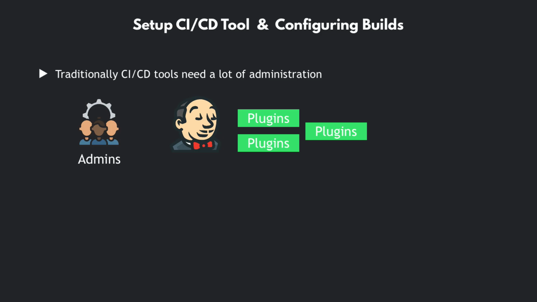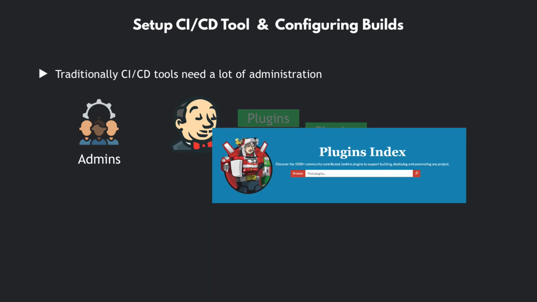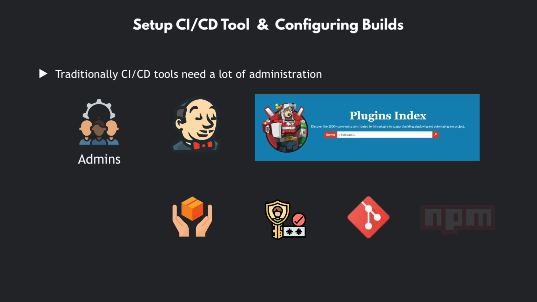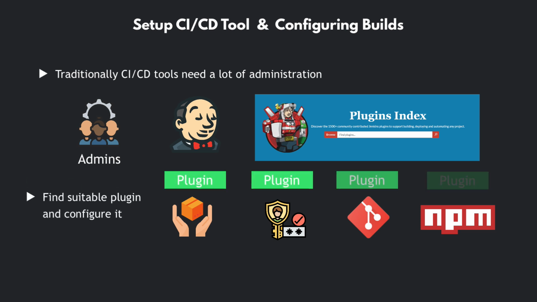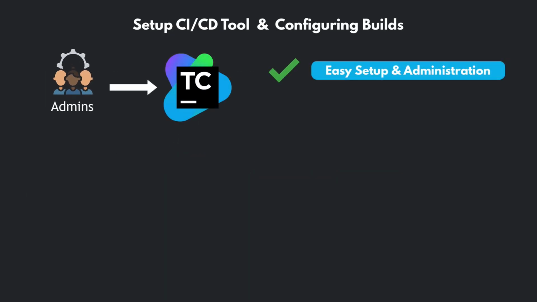In Jenkins specifically, you have a vast ecosystem of plugins, and for any imaginable configuration step in your build pipeline, like deploying to a remote server, for example, using credentials, checking out from a Git repository, executing npm commands, etc. So for any of these steps, you have to find a suitable plugin and configure it and use it for your build.